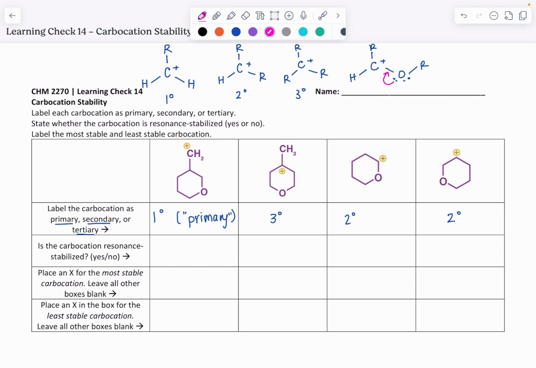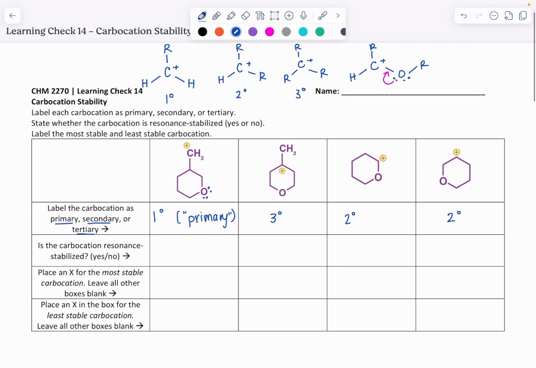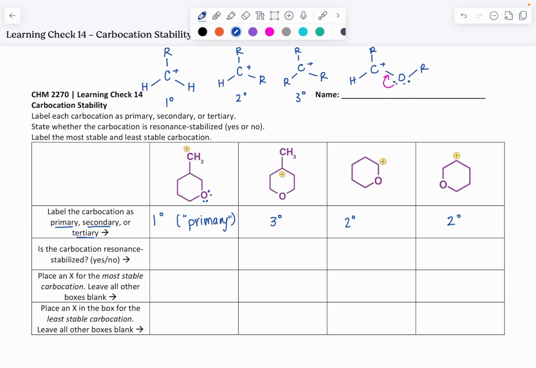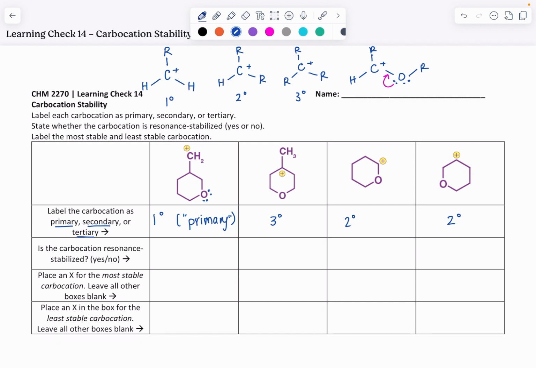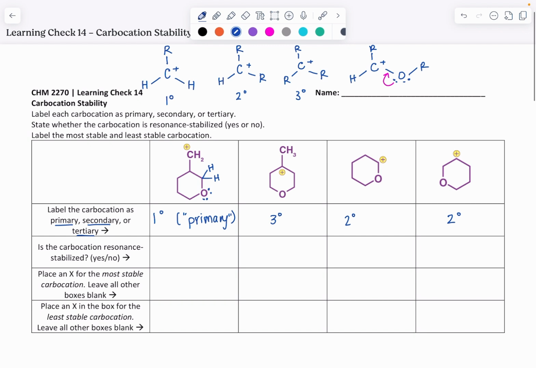Okay, let's look at each structure. And just to emphasize where lone pairs are, I'm going to draw them on the oxygen. So the question is, could these electrons resonate to the open shell carbon? Well, between the oxygen and the open shell carbon, we have another carbon that has four bonds. That's an sp3 carbon. It can't accept any more electrons and it can't give away any electrons.